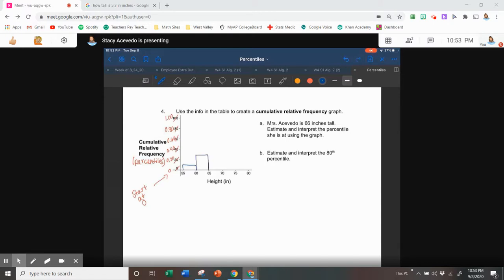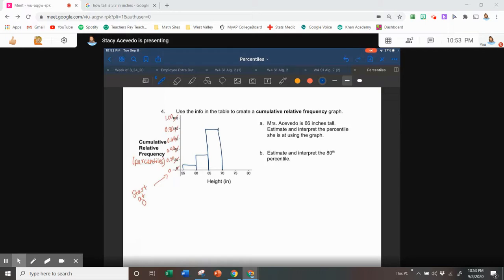For the bin of 66 to 70, we have 80%. For the bin of 71 to 75, there's 95%.